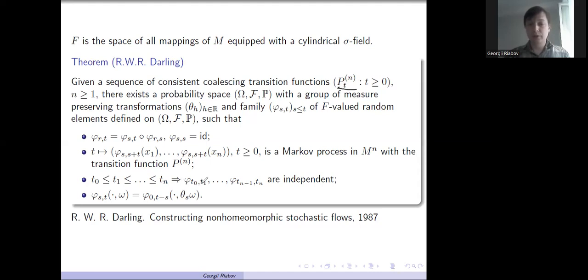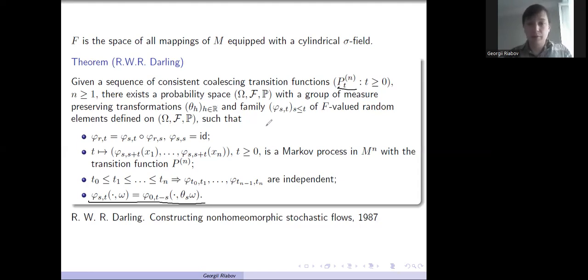On disjoint time intervals, mappings act independently, and we have even equality that the mapping that acts from S to T coincides with the mapping that acts from 0 to T minus S, but evaluated at the shifted noise. So this looks very much like a random dynamical system. And then we can ask, what else do we need if we can reconstruct the flow from transition functions?